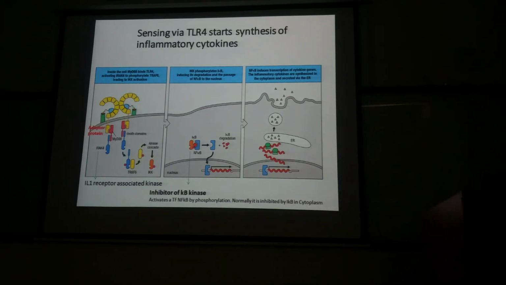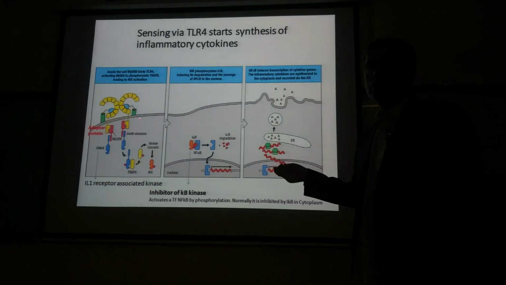Now, what would happen next? You can see that there are two MYD88 peptides which are associated with two TIR domains. These are homodimers of TLR4 that you see here.